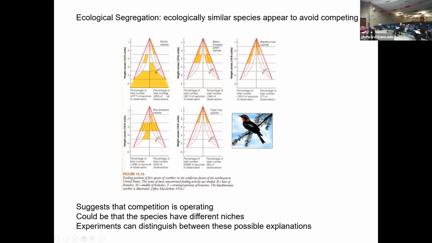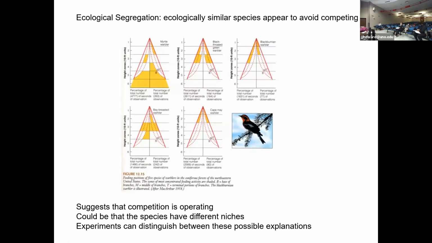And on the right is the total percentage of the total number of observations. So this is time spent, and this is total observations. Time is probably the better thing to look at, and we'll focus on the left-hand side of these trees.